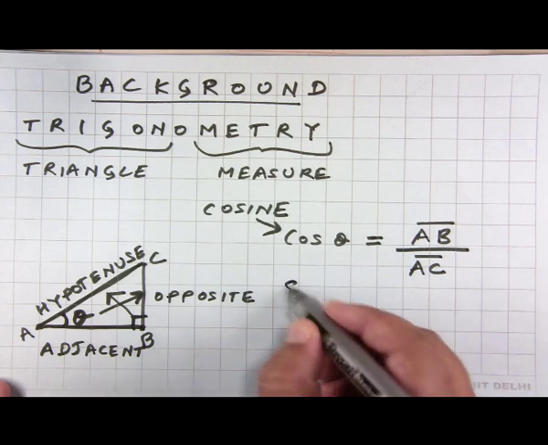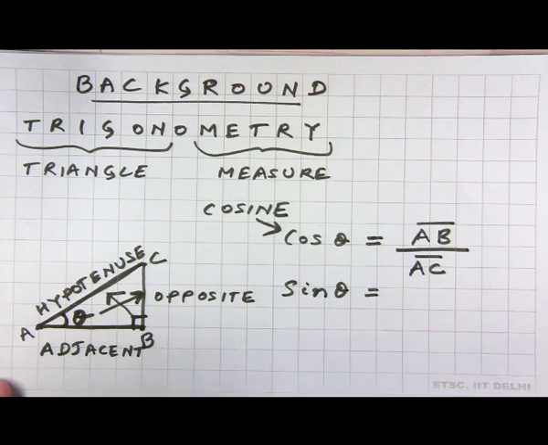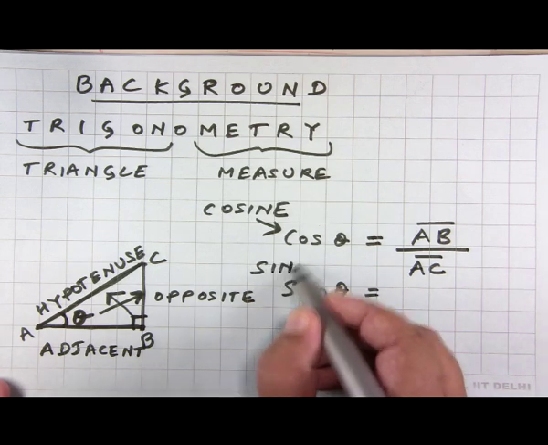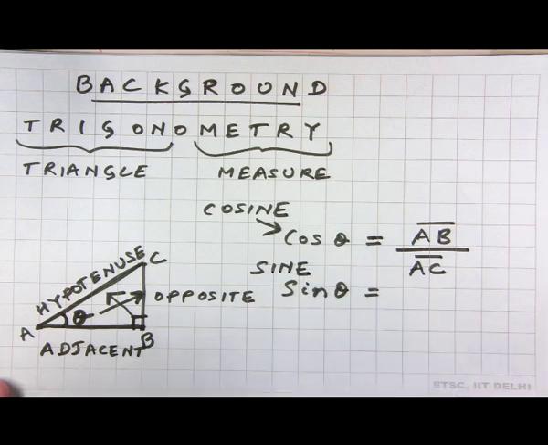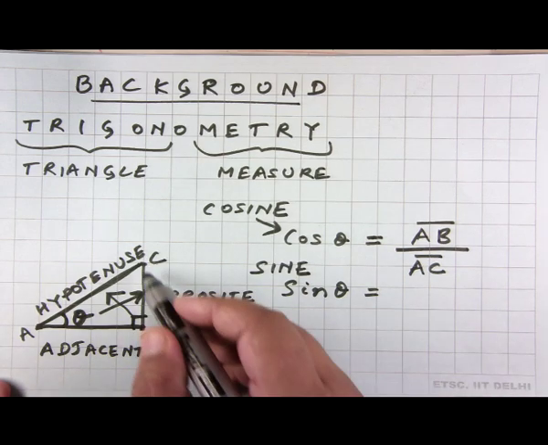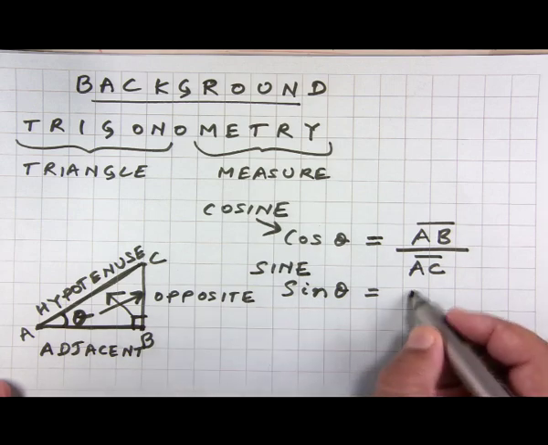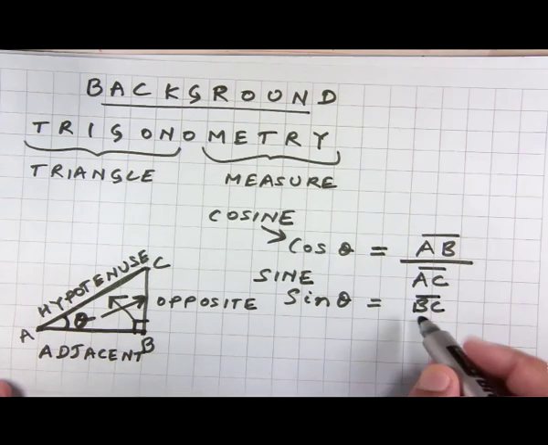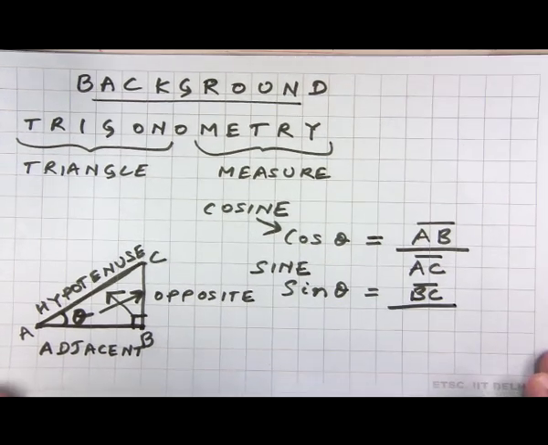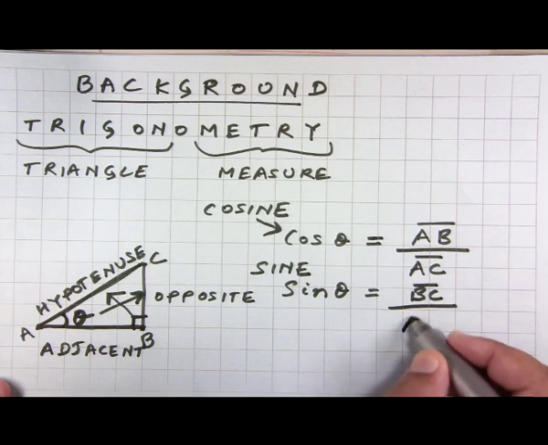Sin theta, again sin is a short form for sine. Sin theta is equal to the length of the opposite side, which in this case is the line segment BC, divided by the length of the hypotenuse, which is AC.